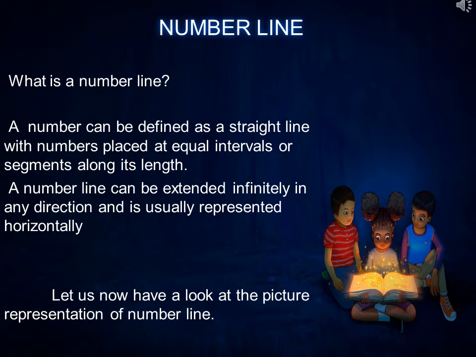As I have written, a number line can be defined as a straight line with numbers placed at equal intervals or segments along its length. A number line can be extended infinitely in any direction. It is usually represented horizontally.